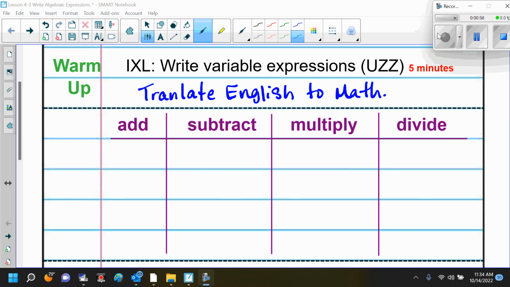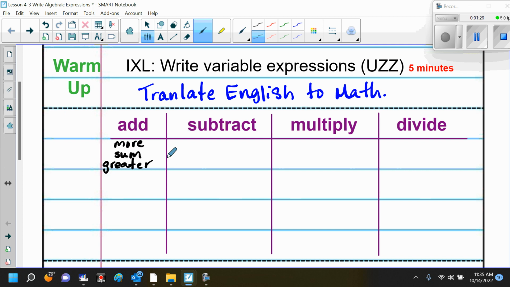So what words tell us that we need to add? More. Very good. More. What else? The sum. So sum. What else? Greater than. Okay, I'm going to say greater or greater than.